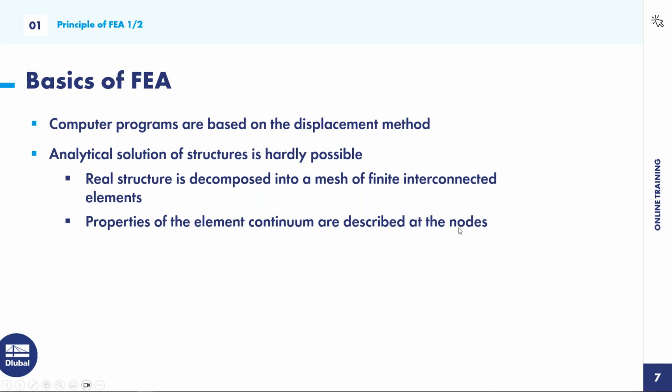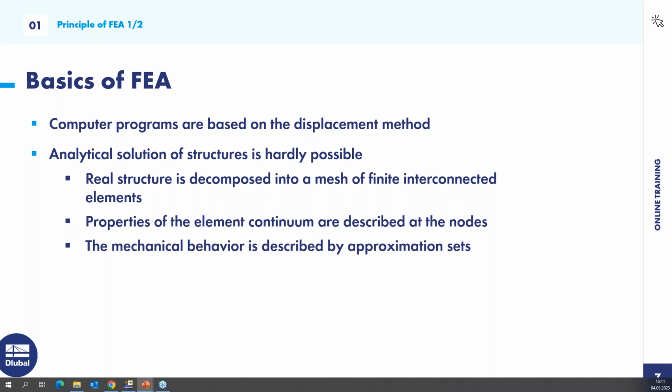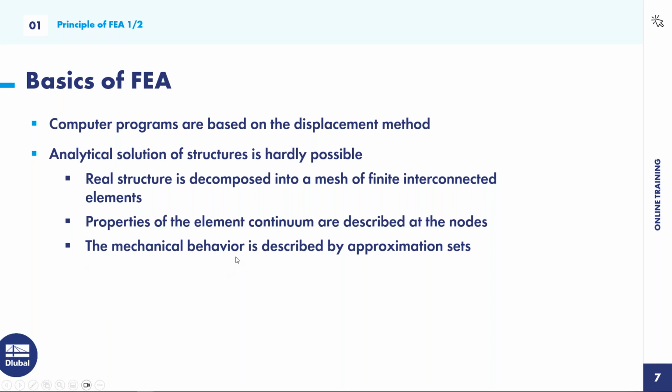And every result in between the nodes is done via interpolation. Mechanical behavior is done by approximation sets, which you always do when calculating mechanical properties. It's always like every other thing in physics, we use approximations that are not perfect but good enough.